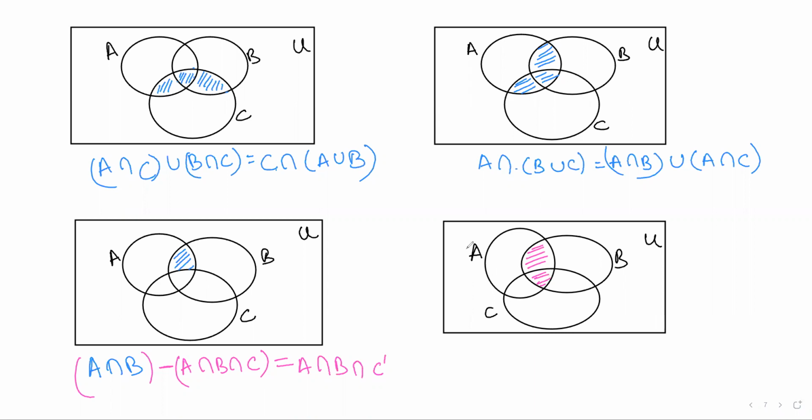What is C complement? Anything but C. So I'm shading it with yellow. Anything but C is this particular part. What is common amongst these? The region that is required. This region is common, which is the required region. So this is A intersection B intersection C complement.